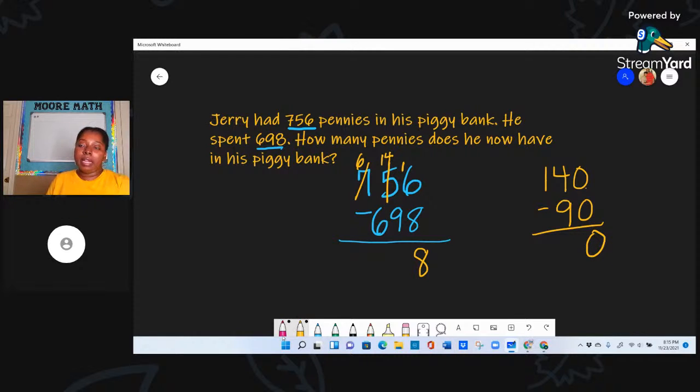14 minus 9. Okay, so what I want you to do again, start with 9 and count up until you get to 14. So tell me how many fingers you have up. So you're going to do 10 and keep going till you get to 14.